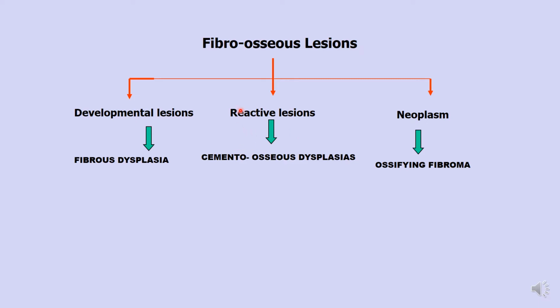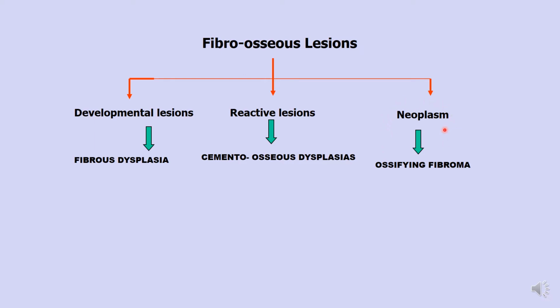Reactive lesions are lesions that occur secondary to inflammation. That means cementosseous dysplasias typically arise in tooth-bearing areas in the periodontal region, and inflammation of the periodontal apparatus is one of the causes of this lesion. Neoplasm, on the other hand, is new growth. The difference between developmental lesions and neoplasms is that neoplasms do not stop growing.